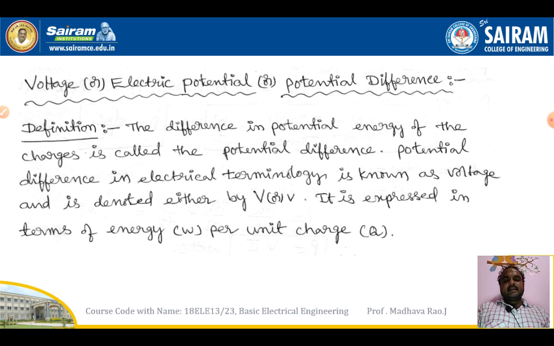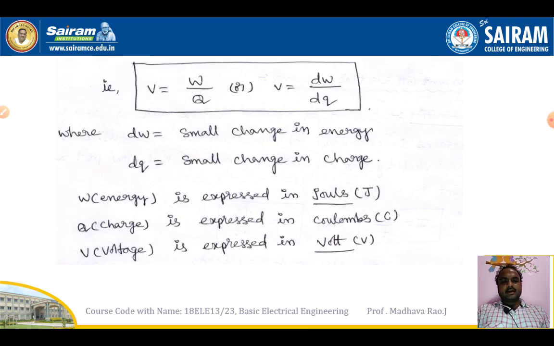So it is expressed in terms of energy per unit charge. It is denoted with V, or small letter v. So we will see it in terms of energy per charge.